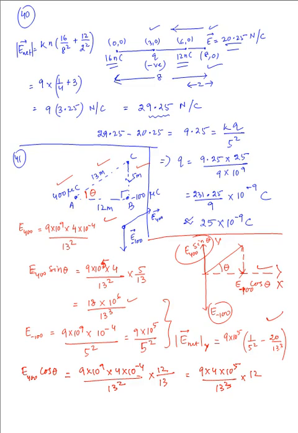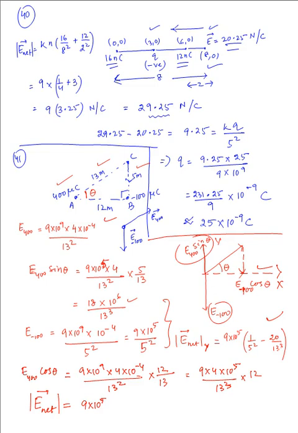So the resultant is going to be the square of these two terms taken under root, which if done, then what you are going to get is 9 into 10 to the power 5 is going to be the common term in each case. And as far as the rest of the terms is concerned, you are going to have the resultant net field equal to the magnitude of it, that is 9 times of 10 to the power 5 as the common factor in each of those cases.